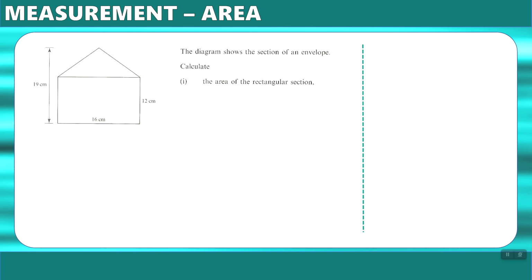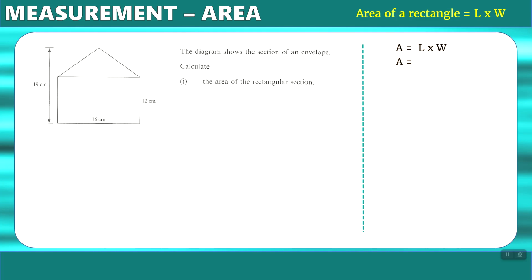We need to find out what is the formula for finding the area of a rectangle. If you remember from before, the area of a rectangle is the length multiplied by the width. So we have to find the length and the width of the rectangle and multiply them together. First we will write the formula A equals L times W, L meaning length, W meaning the width.